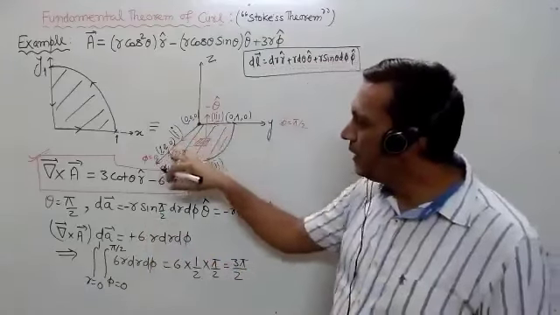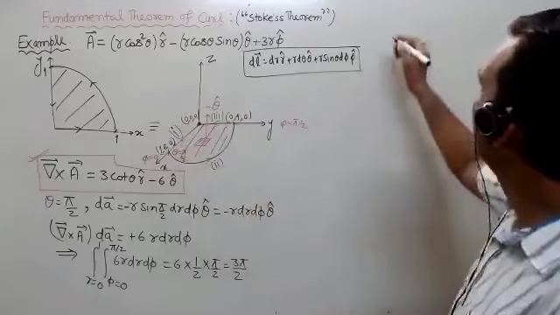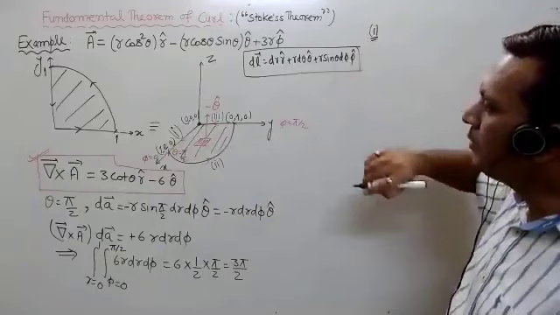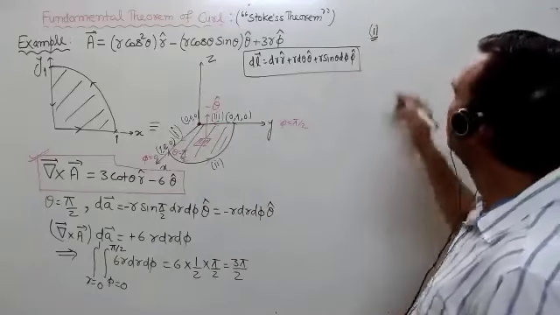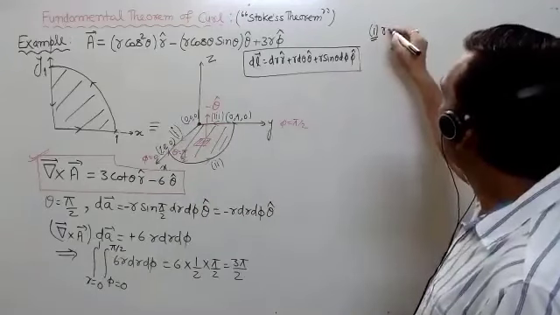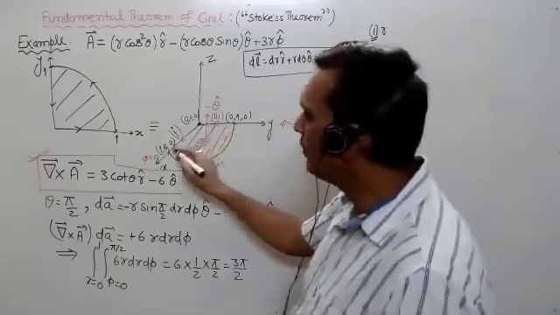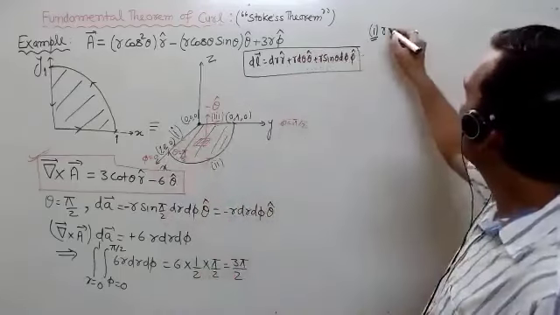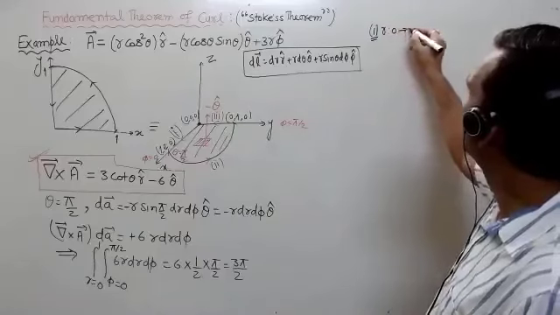Now we will see the line integral along these 3 segments. So segment 1. Along segment 1, what is the variable in r theta phi? R varies from 0 to 1.